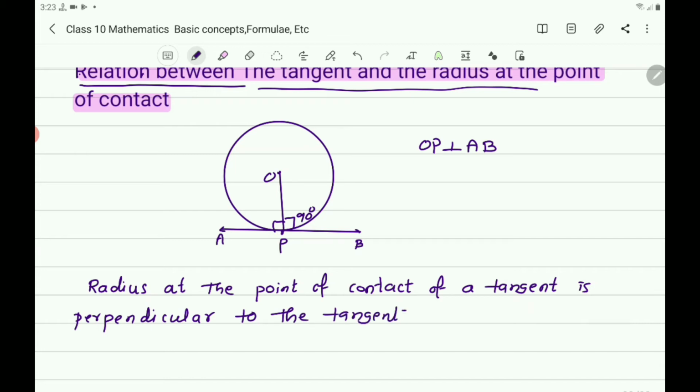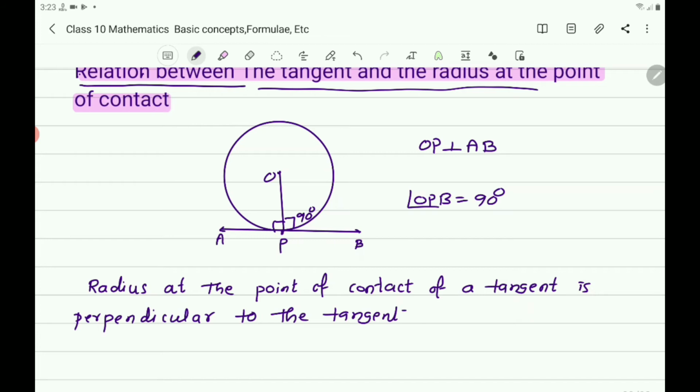It is one of the important concepts. The angle between the tangent and the radius at the point of contact is equal to 90 degrees, that is, angle OPB equals 90 degrees.